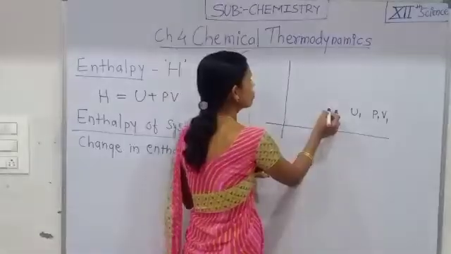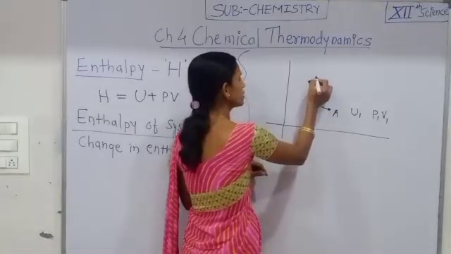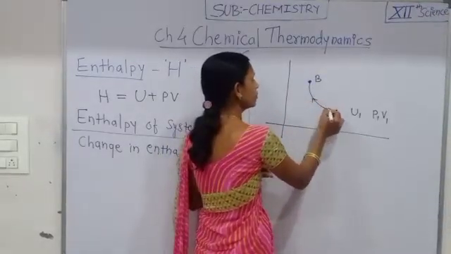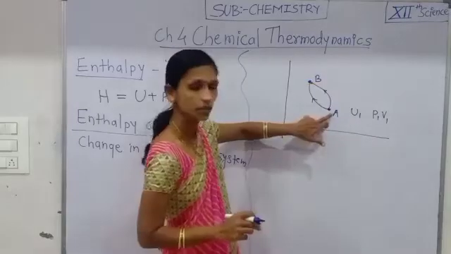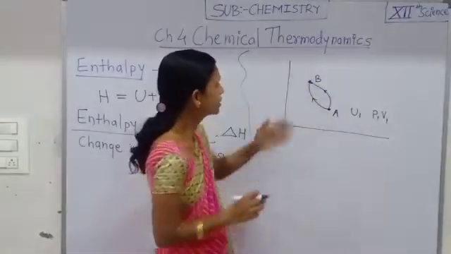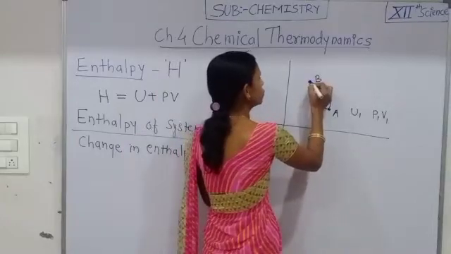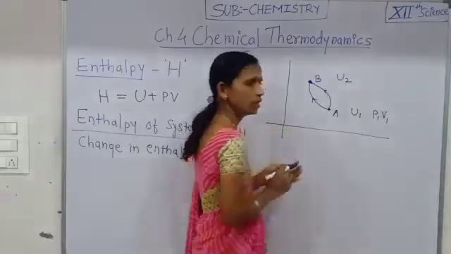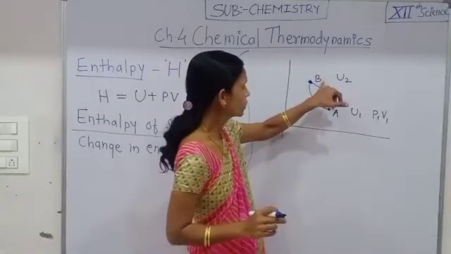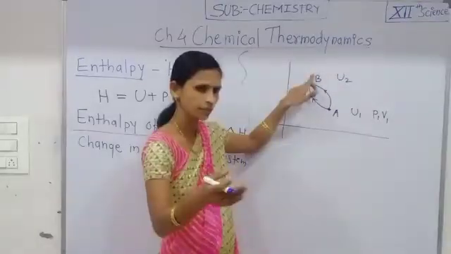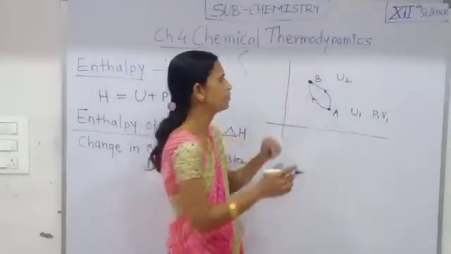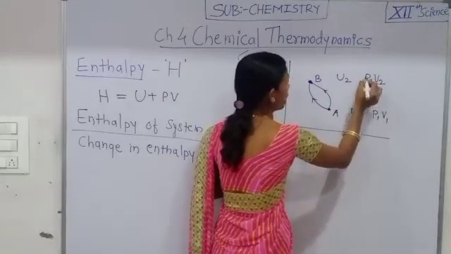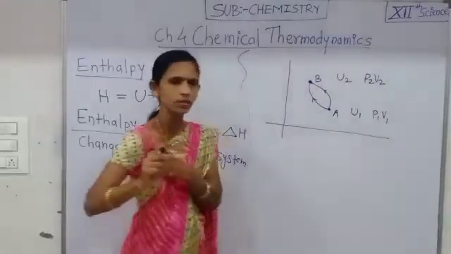When the system goes to the final state, that is B, through any process, converted from state A to state B, then U2 is the internal energy of the system when it reaches the final state B. Then P2 V2 type of energy is related with that system.